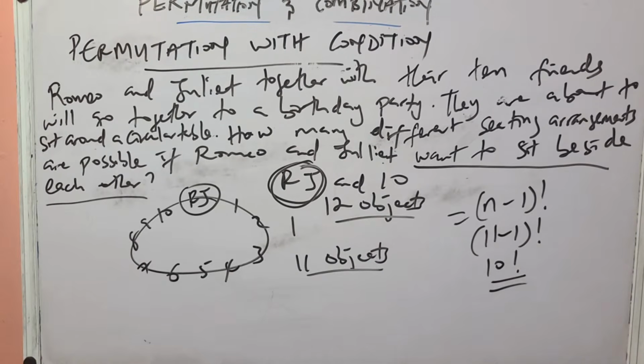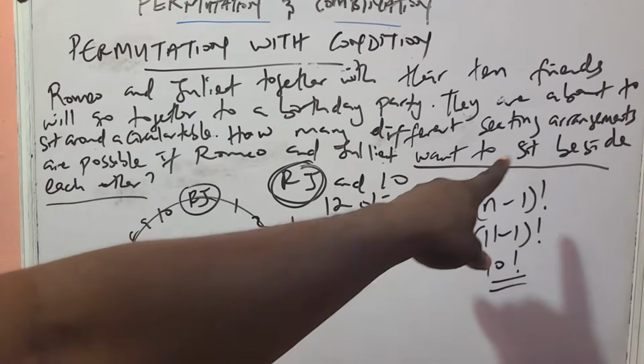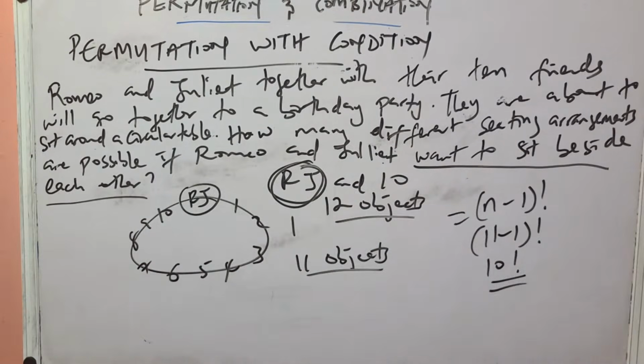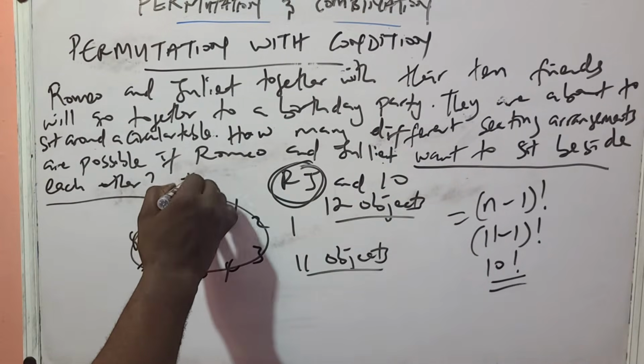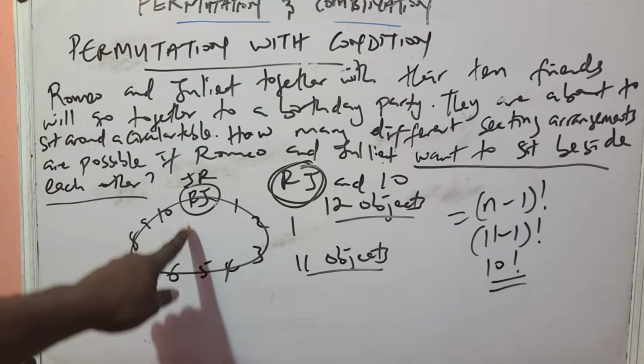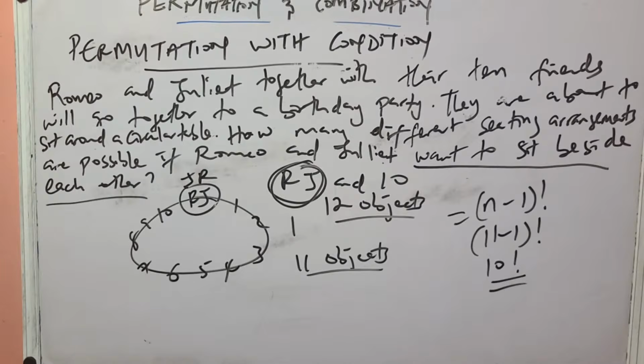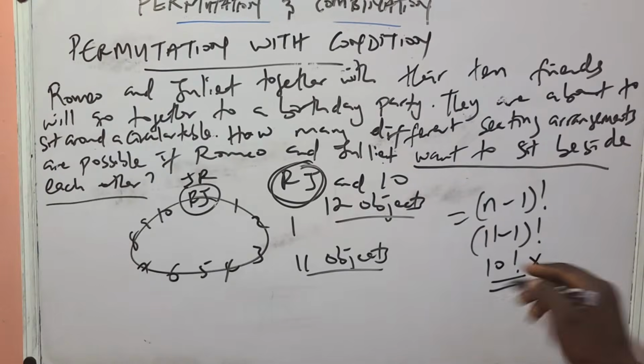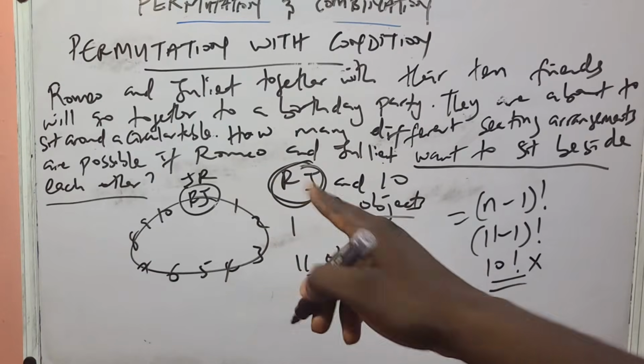So someone sits down and says, I've gotten the answer. Oh, you may be wrong, because you are forgetting something. Even though they must sit near each other, sitting near each other doesn't mean you could not also have Juliet, Romeo. So you have to consider that we could have Romeo, Juliet, or Juliet, Romeo. In that case, it will be 10 factorial times 2 factorial, since that can happen in two ways.